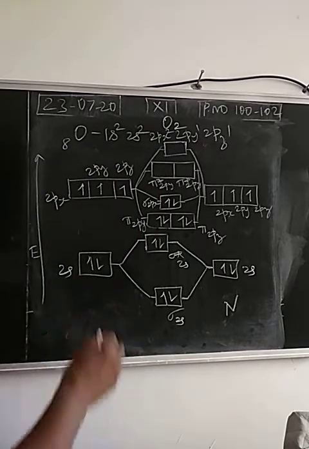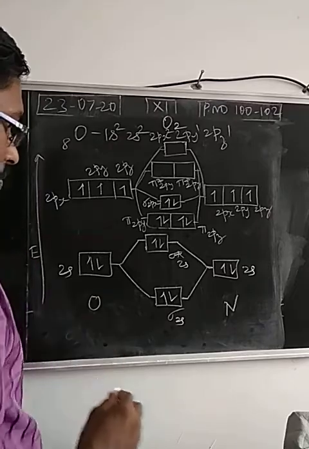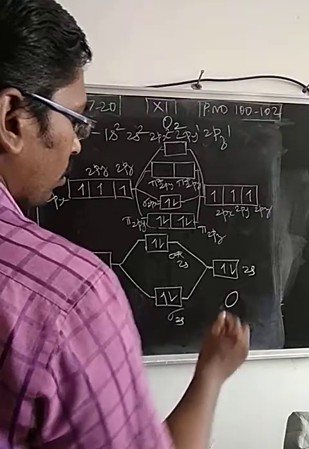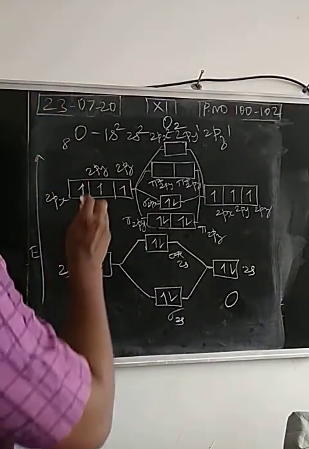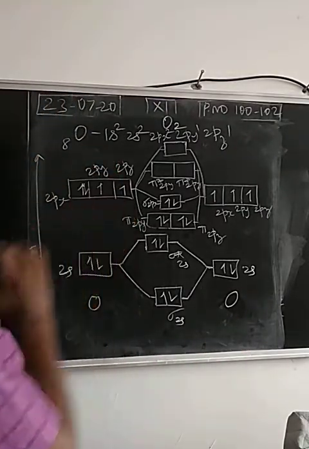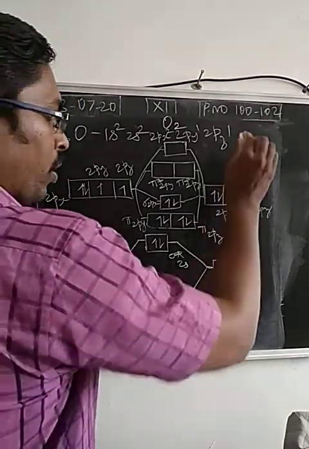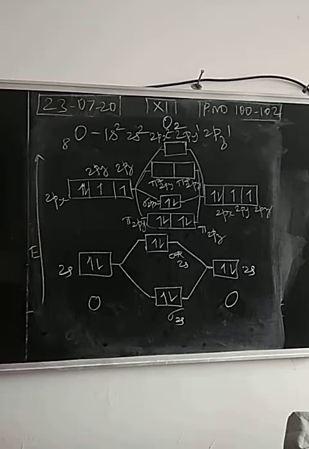So 2 oxygen atoms are going to combine. Electronic arrangement 1s2, 2s2, 2px2, 2py1, 2pz1. For the second oxygen also the same. If atomic orbitals are combining, they produce the bonding as well as antibonding molecular orbitals.